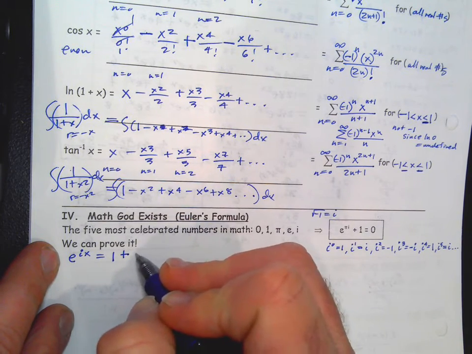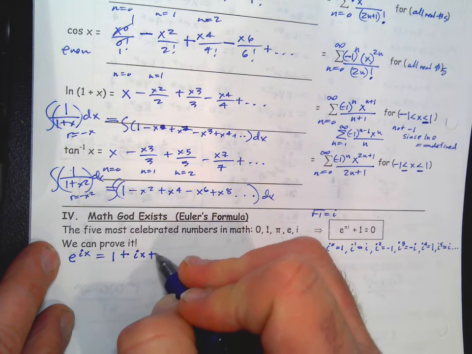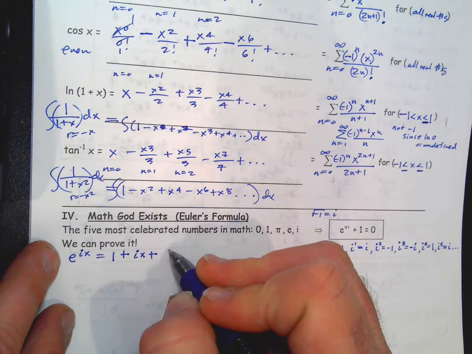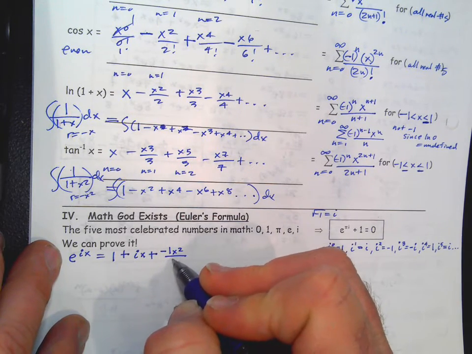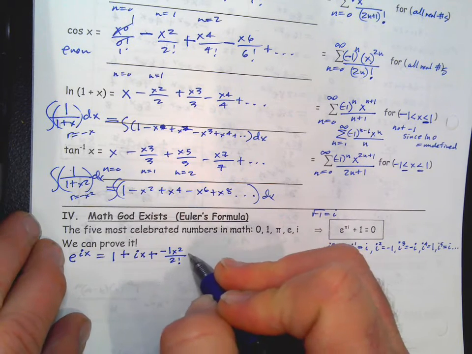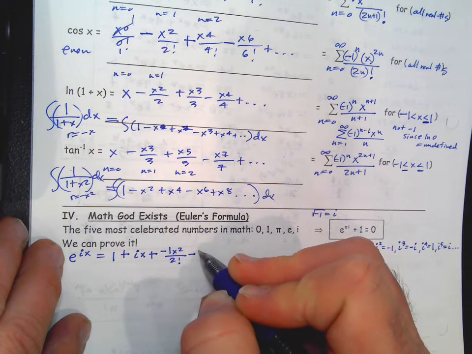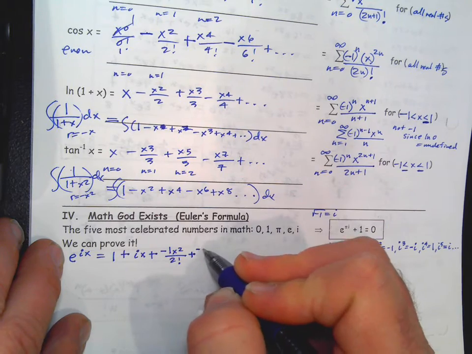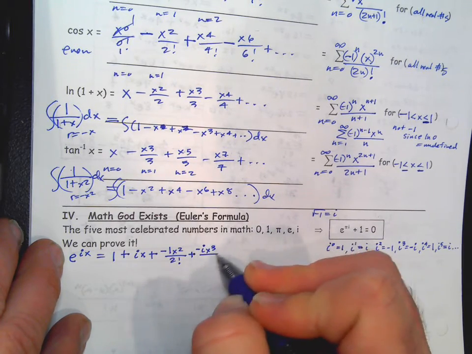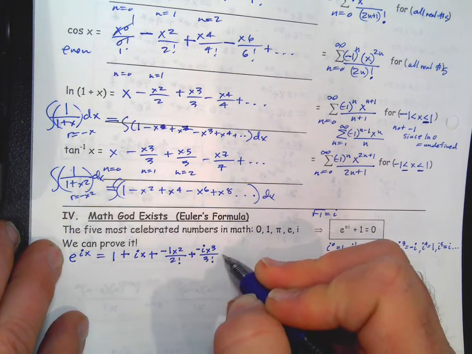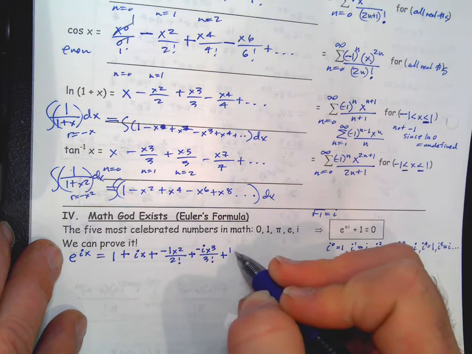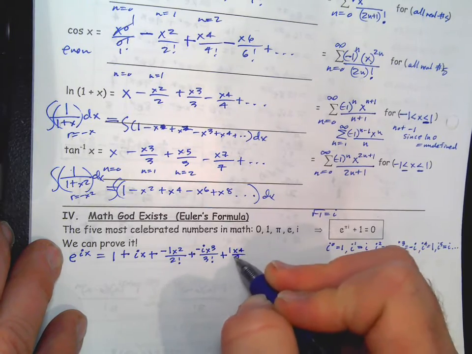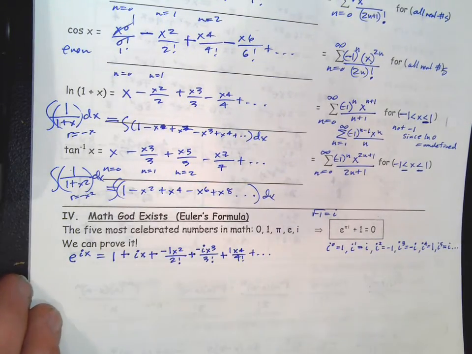Plus ix, plus ix squared, but remember, I squared is -1, over 2 factorial, minus I cubed, which gives you -I, x cubed over 3 factorial, plus I to the 4th, which is +1, x to the 4th over 4 factorial. So we'll start with that.